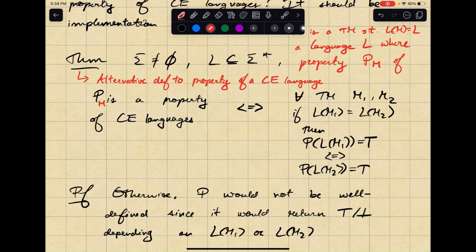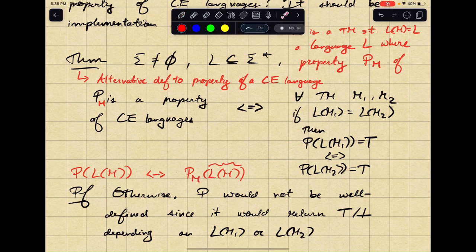And so when you see something like P of L of M, you can safely assume, and you can even check that just to be sure, that I'm really just talking about the property of L of M, when I'm discussing this language parameterized by M, right?